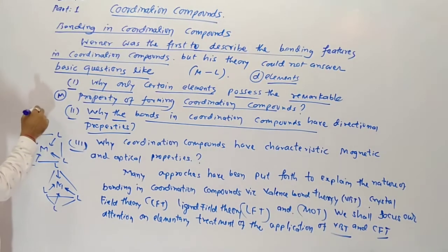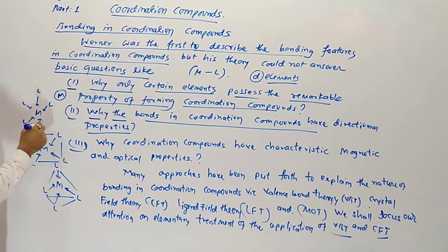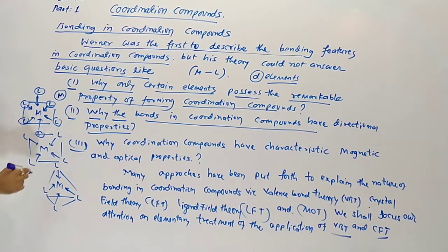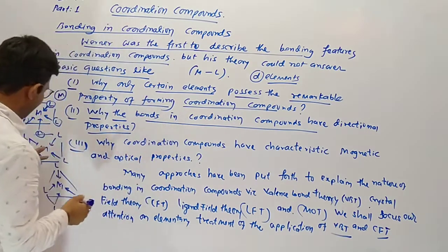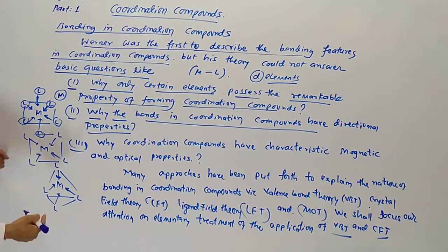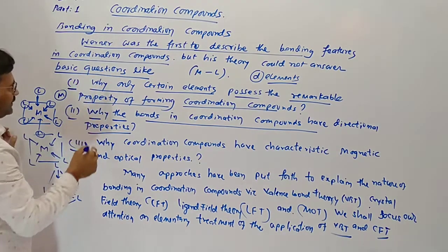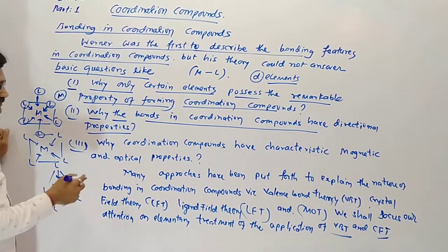If 6 ligands are combining, the shape is octahedral. So your bond is, you can see, directional. All the 4 ligands are on the corners of the square and 2 are perpendicular. So the shape is octahedral, and the bond between metal and ligand is directional, that is, in a proper direction. The answer is not given by Werner.